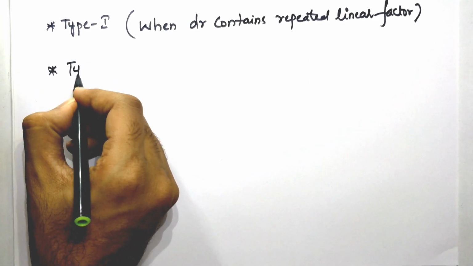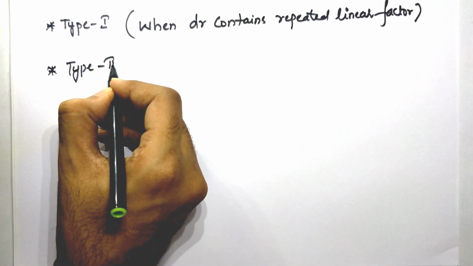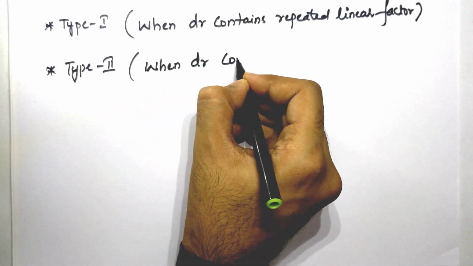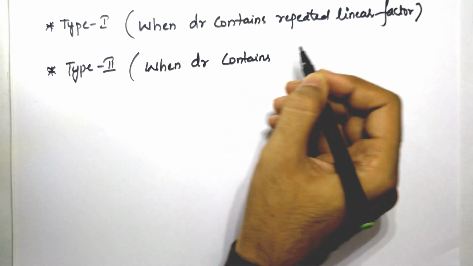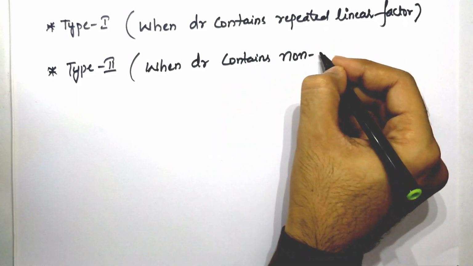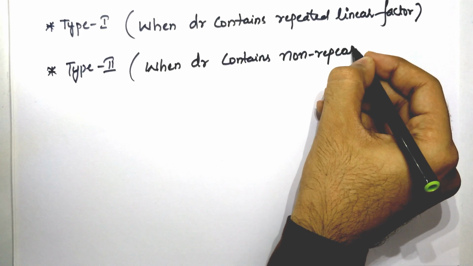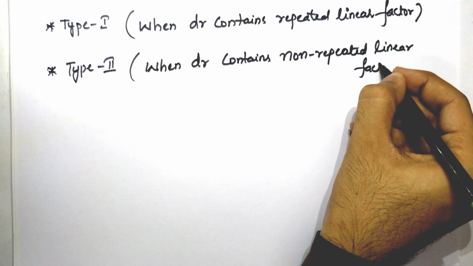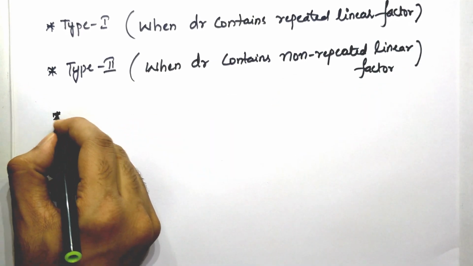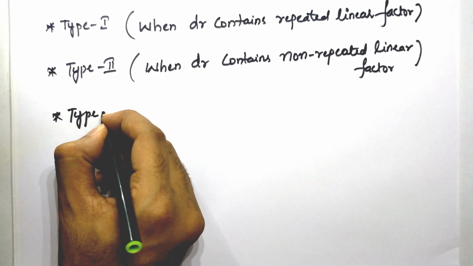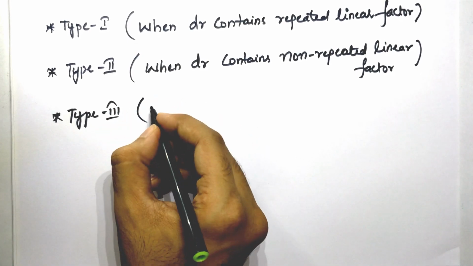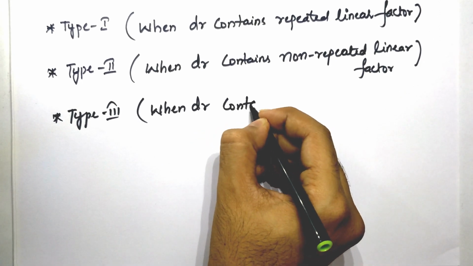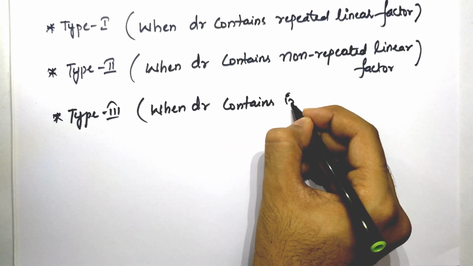Type 2 is when the denominator contains non-repeated linear factors. And the third type of problem is when the denominator contains irreducible factors.